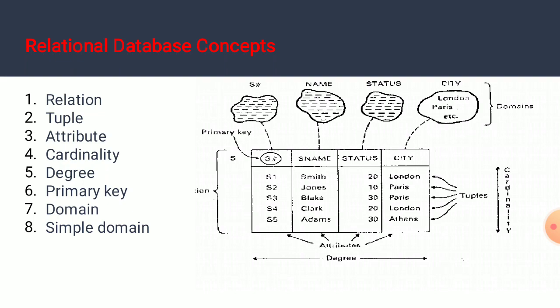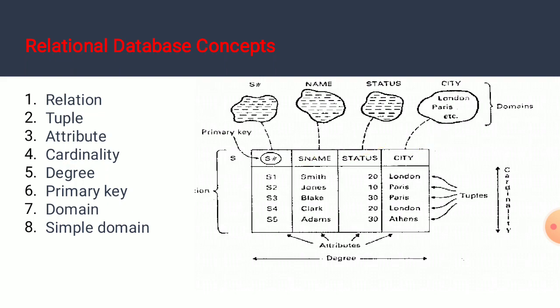So firstly, we know the relation is a table. Here a tuple is the individual information of individual entities, like S1 is Smith, 20, London; S2 Jones, and so on. All these are known as the various tuples. Here the attributes are S number, S name, status and city.